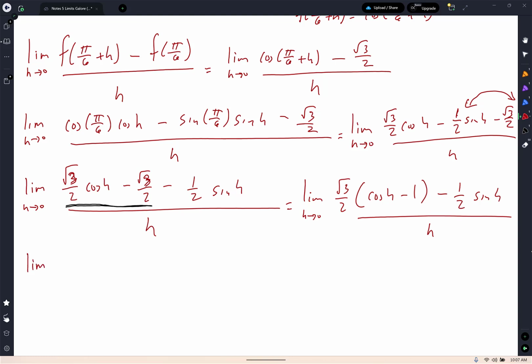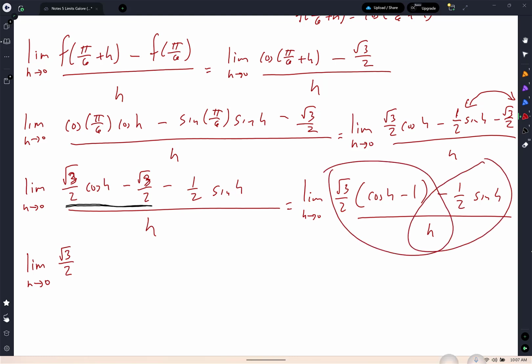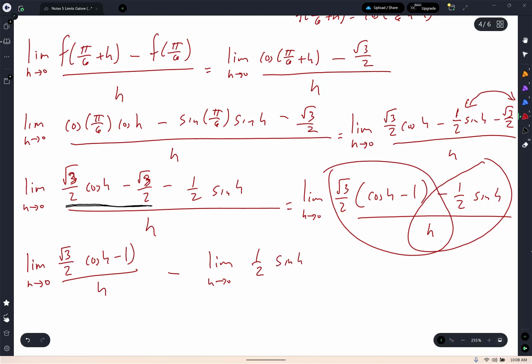Okay, here we go. Limit as h approaches 0. I'm going to break this up into two, into that and this one, like that. Square root of 3 over 2 cosine h minus 1 over h, minus limit as h approaches 0, 1/2 sine h over h.